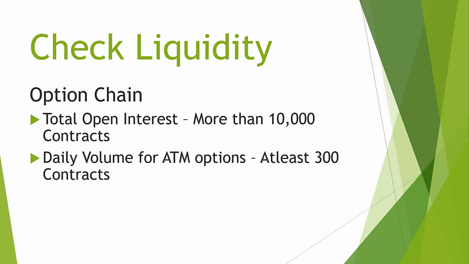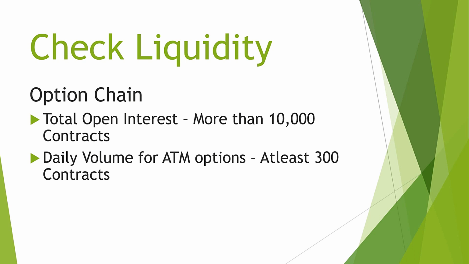The next criterion is daily volume of at least 300 contracts, both at the money call and at the money put strikes. 300 contracts is the minimum and this criterion should never be overlooked. More volume means better trading possibilities.